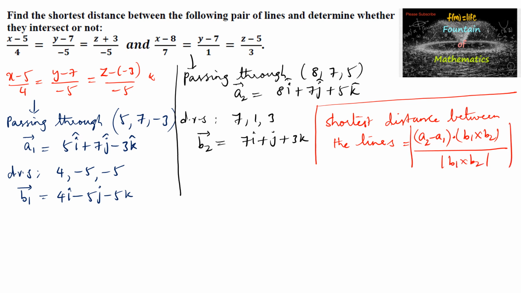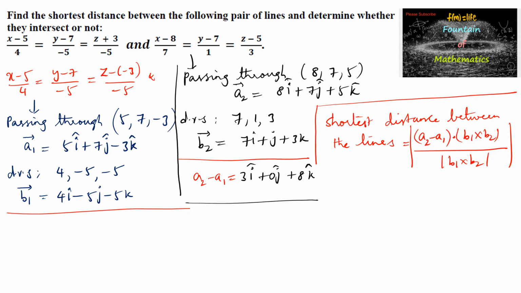So let us find a2 minus a1. a2 minus a1 is equal to 8 minus 5, that is 3i, 7 minus 7, that is 0j, and 5 minus of minus 3, that is 8k.